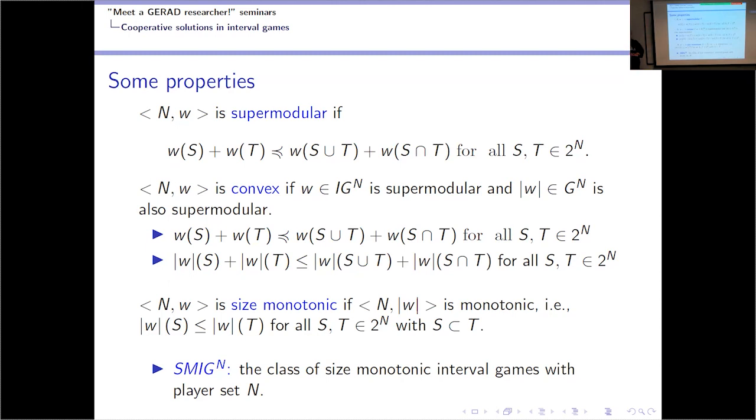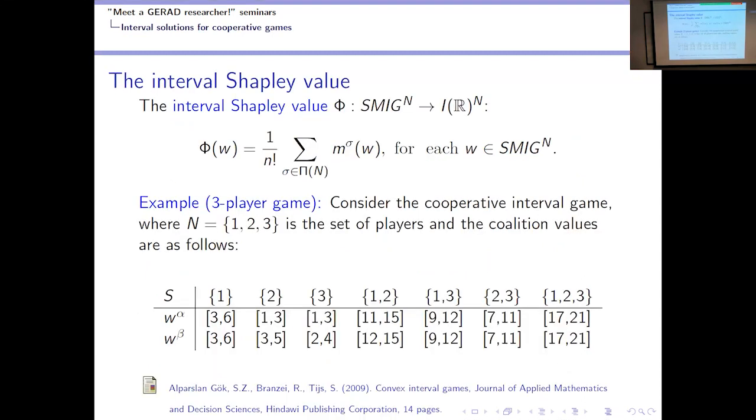But in the interval setting, we need one more condition, which is here, which is about the length of collision. So the second condition does not hold. So that's why it is not convex. And I will also show you while giving an example more clearly.